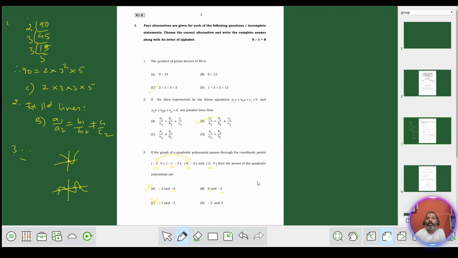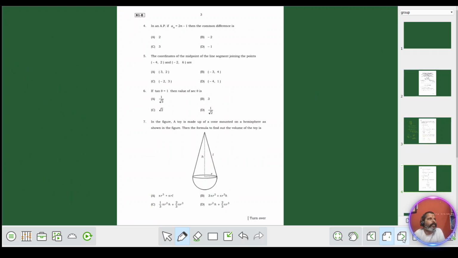So this seems to be an ambiguity, meaning we have two answers for this. I suggest you write one here and one in any part of the answer sheet, because both are applicable here. Understand? So I first write D, minus 3, 2.